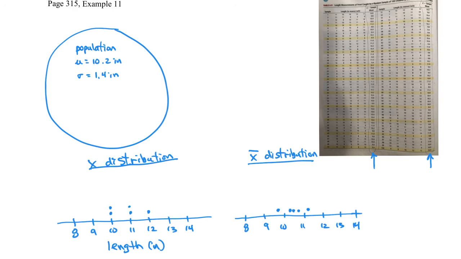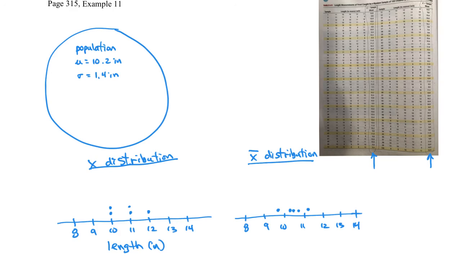So whereas this does have a bell-shaped curve, this will have a skinnier one. The standard deviation is going to be smaller on the x-bar distribution because this is a distribution of averages. And when you take averages, the extreme values get averaged out with the other values. So hopefully that makes sense.